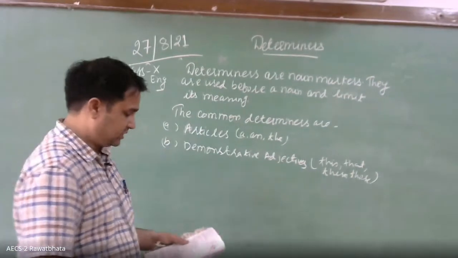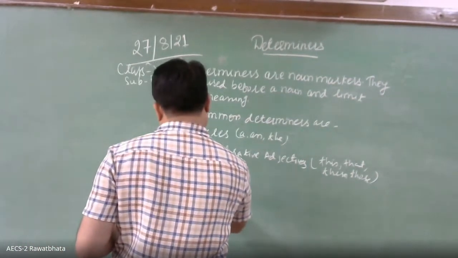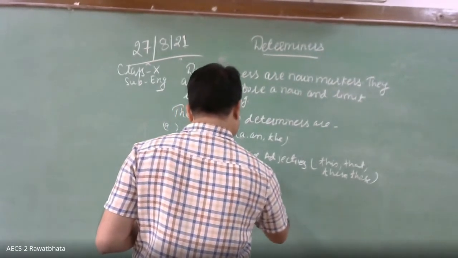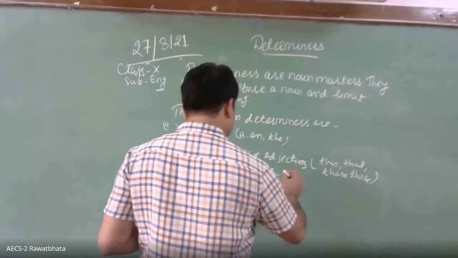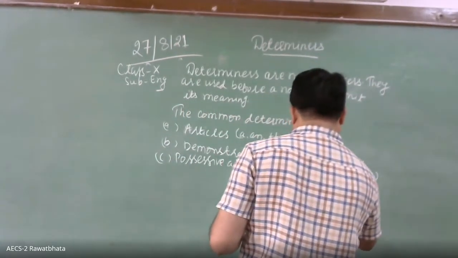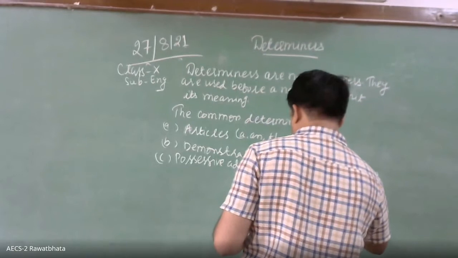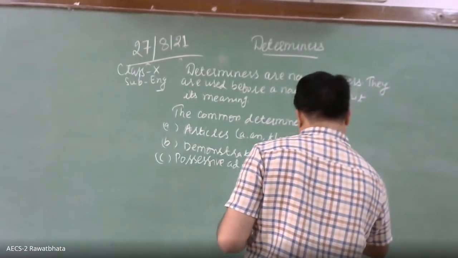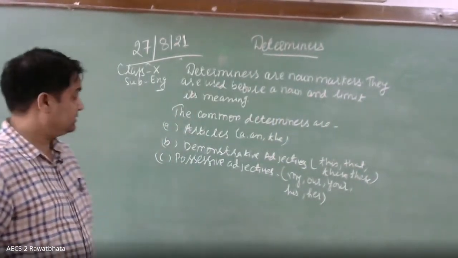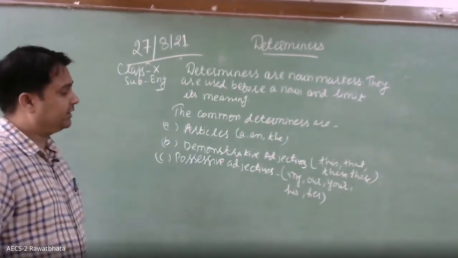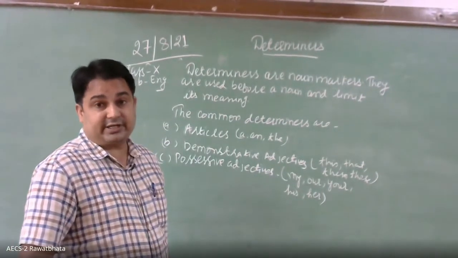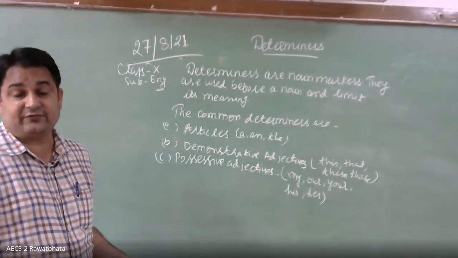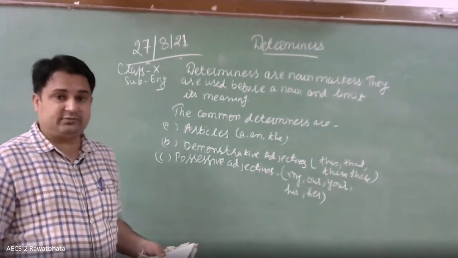Then you write possessive adjectives: my, our, your, his, her, which indicate ownership, possession of someone over something. So these are possessive adjectives.